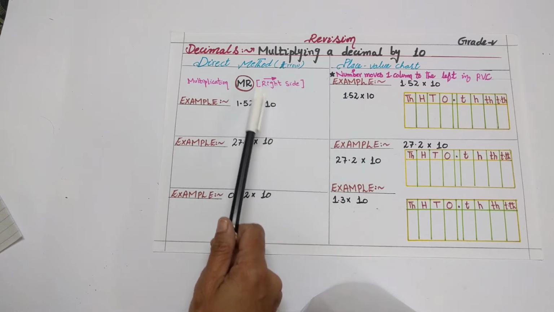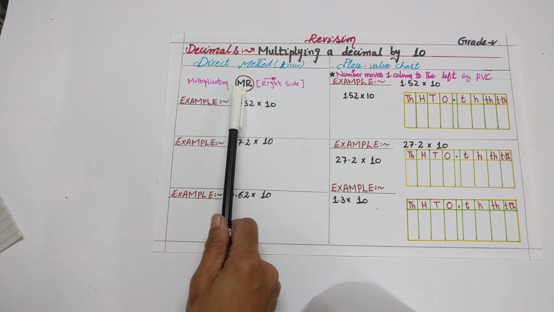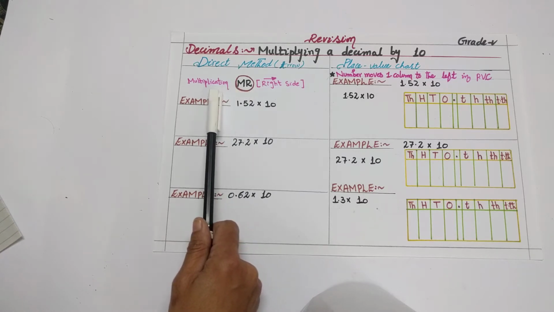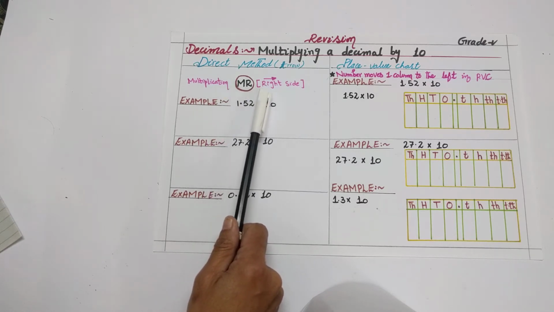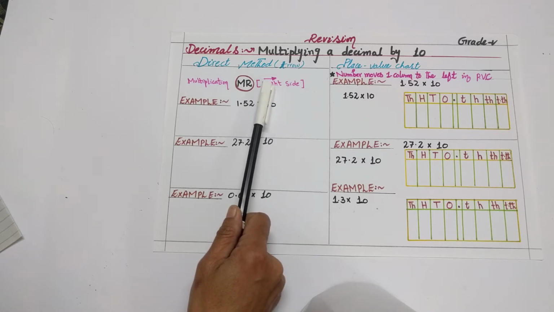So let's start. Here I have two letters, MR. What is this? M for multiplication and R for right side. This arrow represents the direction of the right side.